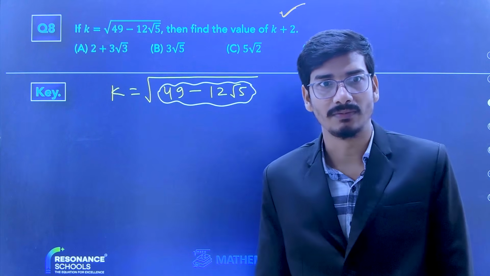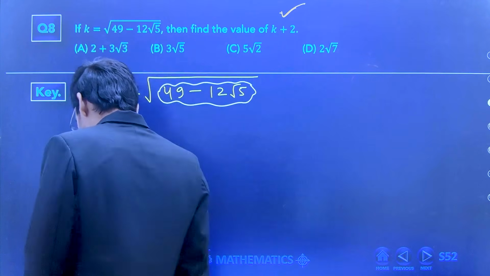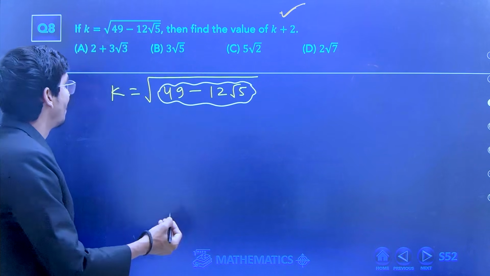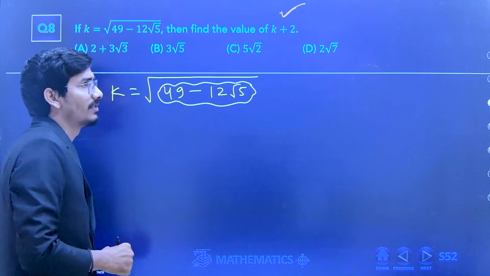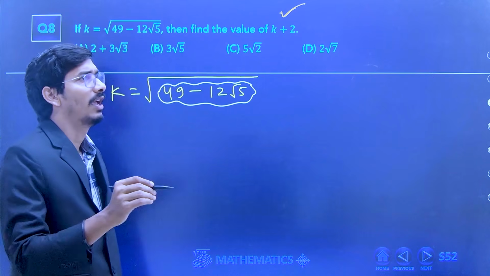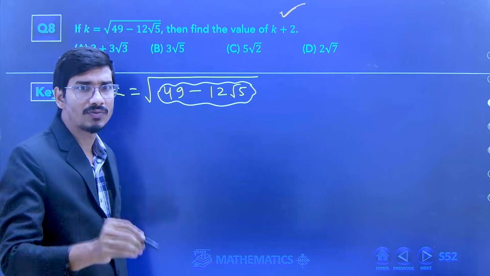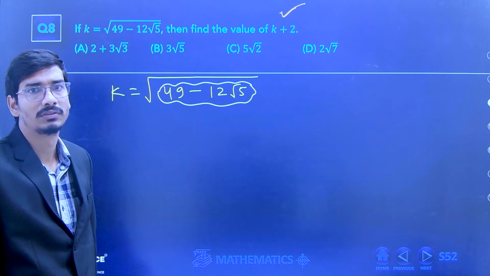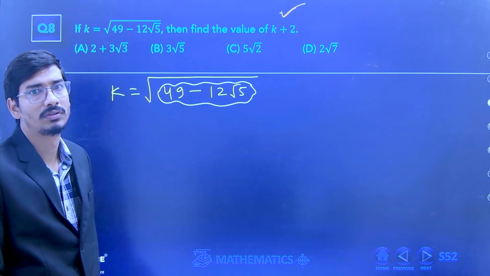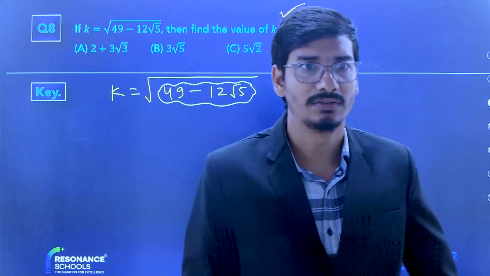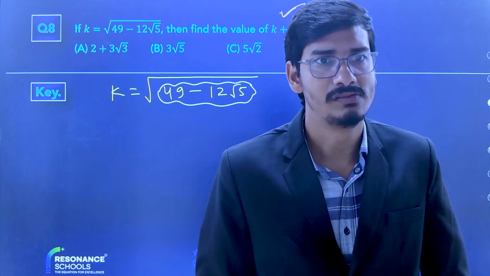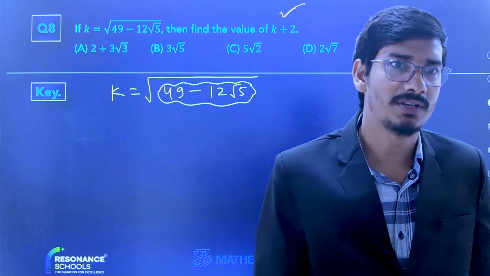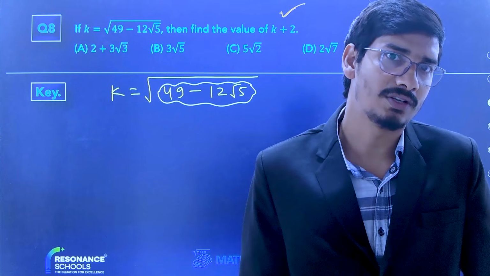49 minus 12 root 5. So listen, I'm writing 49 as the sum of two numbers' squares. 7 ka square is okay, but we want to make it different.